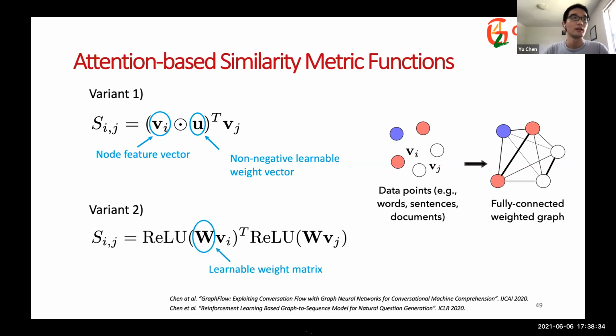In variant 2, here W is a learnable weight matrix which maps the node embedding to a latent space so that we can learn the pairwise node similarity in that latent space. And the ReLU function is used here to enforce the sparsity of the similarity matrix, which can lead to a more sparse graph. In both variants, dot product is used to compute the pairwise node similarity.